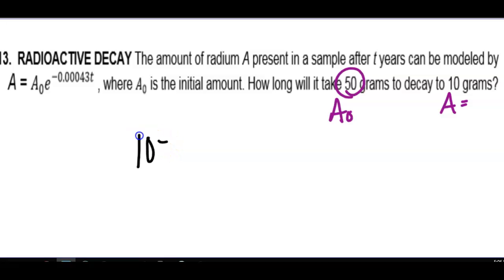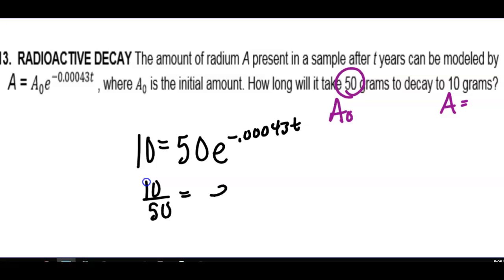So you would have 10 equals 50 e to the negative 0.00043 t. Isolate first, so you're going to divide by 50. Then because there's an e, and the t is in the exponent, we're going to take the log of both sides, and we're going to use natural log.